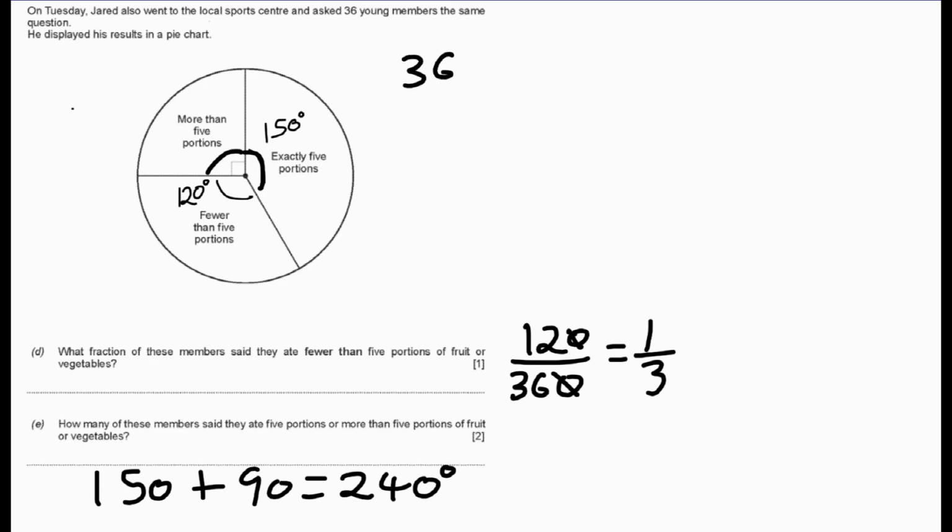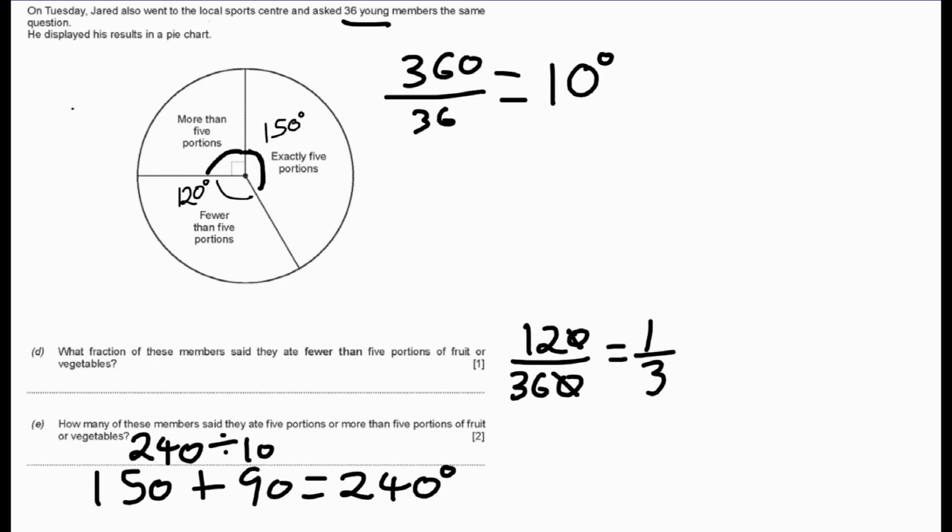To work out the multiplier, we do 360 divided by 36, which is going to be 10. So basically there's 10 degrees per person. So if we have 240 degrees, we just need to do 240 divided by 10 to work out how much this is worth in terms of people. So 240 divided by 10 is 24, so we can say 24 members said they ate 5 portions or more.